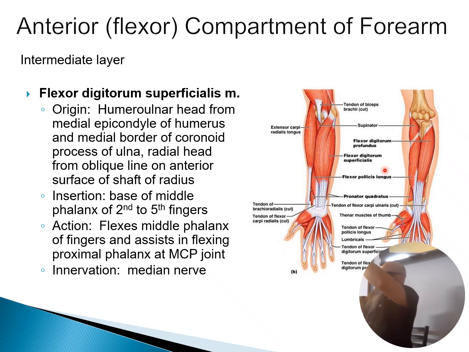PIP joint, proximal interphalangeal joint. So if you're saying bye-bye, that's your flexor digitorum superficialis, FDS, middle phalanx, inserts. Okay, everybody got that? FDS, middle phalanx, 2 through 5, so long, okay?